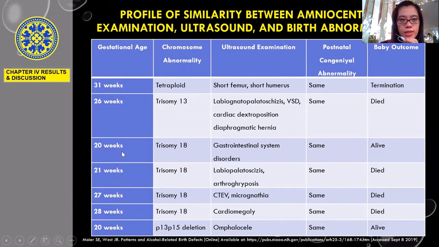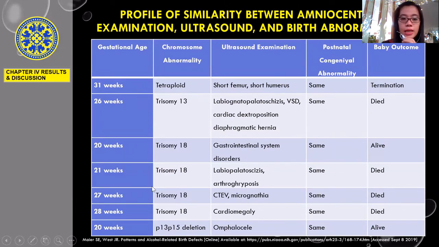At 20 weeks gestational age, we found trisomy 18 with GI tract disorder, same at birth, fortunately alive. At 31 weeks, trisomy 18 with cleft lip and palate and other anomalies, same, unfortunately died. At 27 weeks, trisomy 18, CTEV and micrognathia, same, and died.